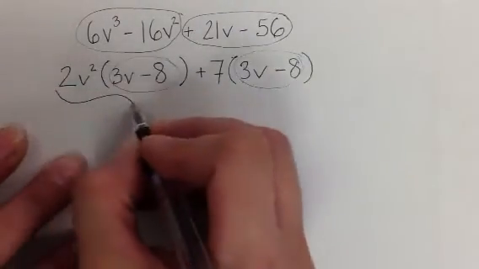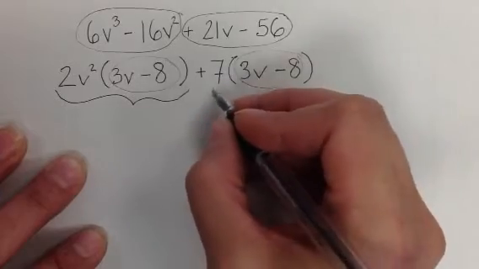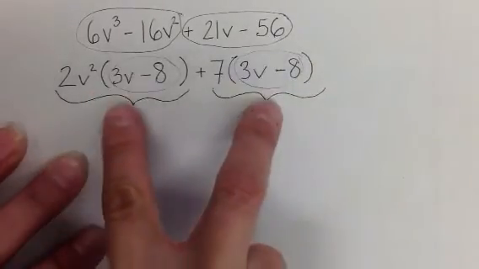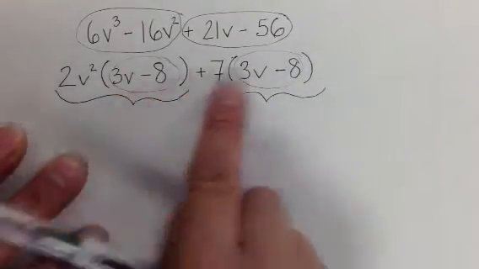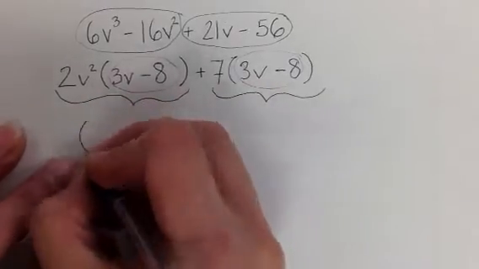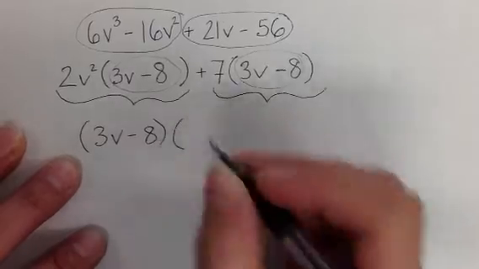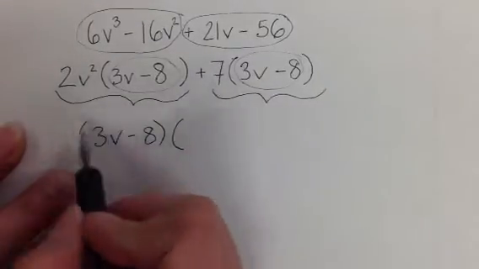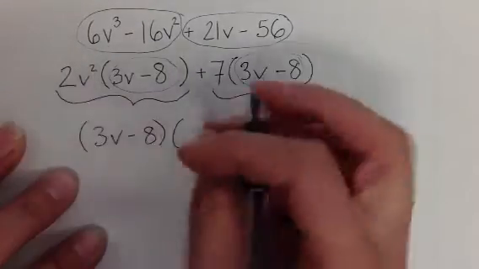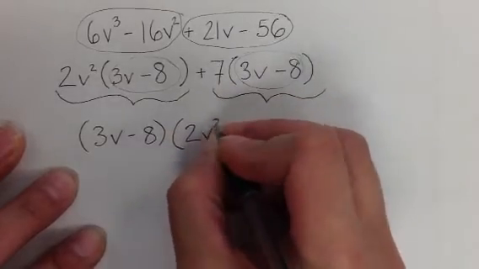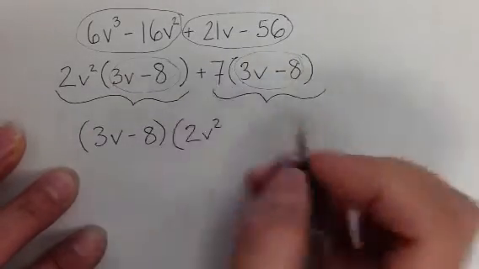So I've got this plus this. I'm going to divide both of them by this because it's common now. So that'll come out. And then what's left? This times 2v squared, and then this times 7.